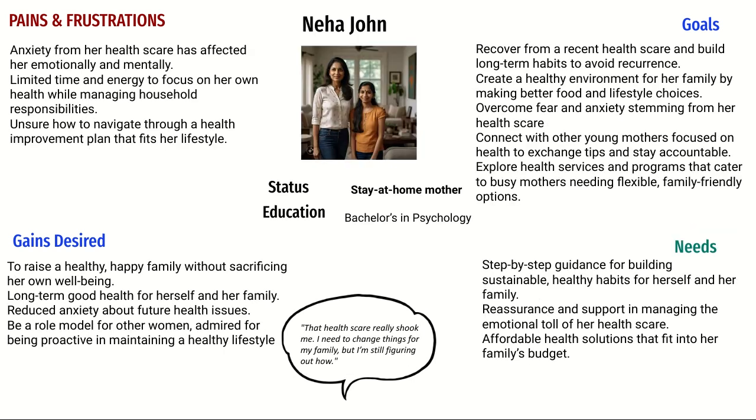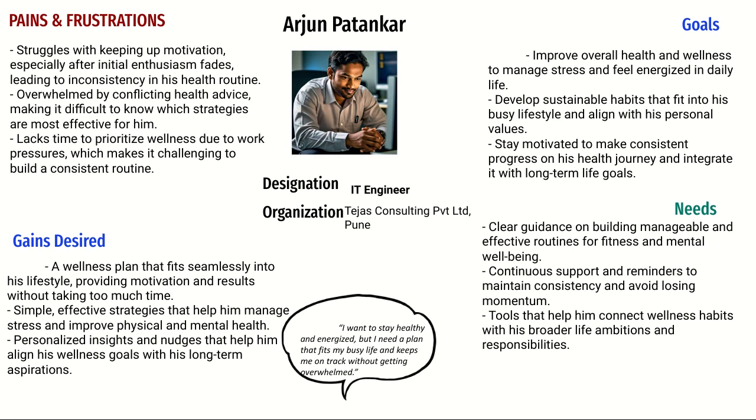Arjun is an IT professional, and Neha is a stay-at-home mother who's had a recent health episode, and she is stabilizing her life after that, and she wishes to now take it on a different trajectory altogether, her health narrative in her life. And Arjun, of course, wants to stay healthy and energized.